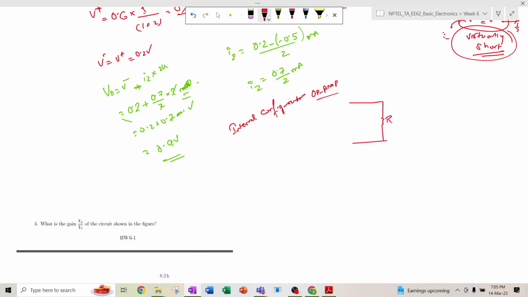So this is the input resistance Ri. Whatever Vi is created over here, and here is Ro. It is connected to this one.